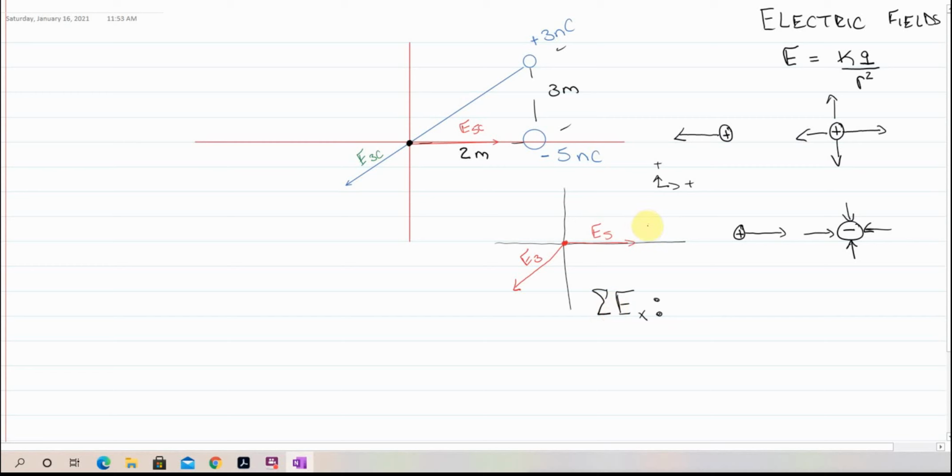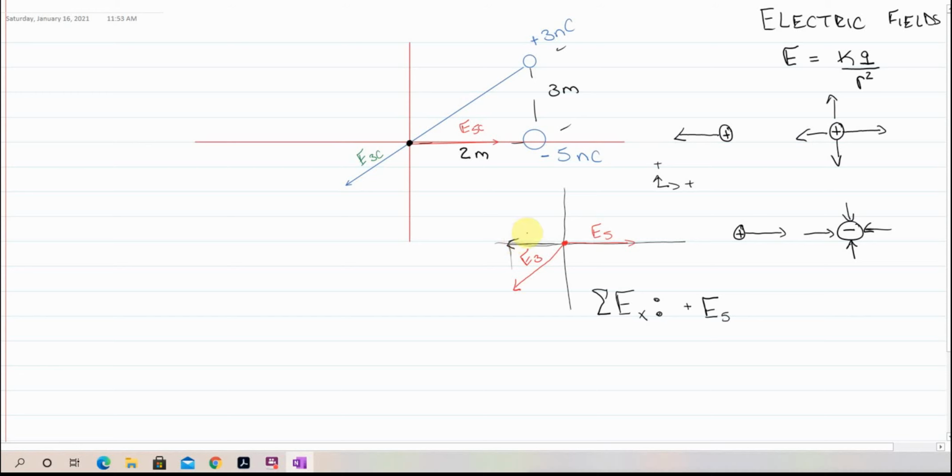I have my 5 Coulomb charge going to the right, which I've defined as positive. So I'll just put the positive sign there just to reinforce that. I have the positive electric field from the 5 nanocoulomb charge. And then I have an x component from this 3 nanocoulomb charge.